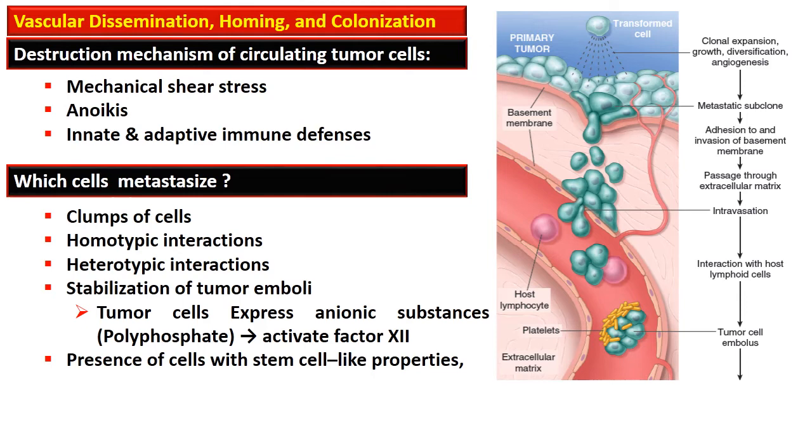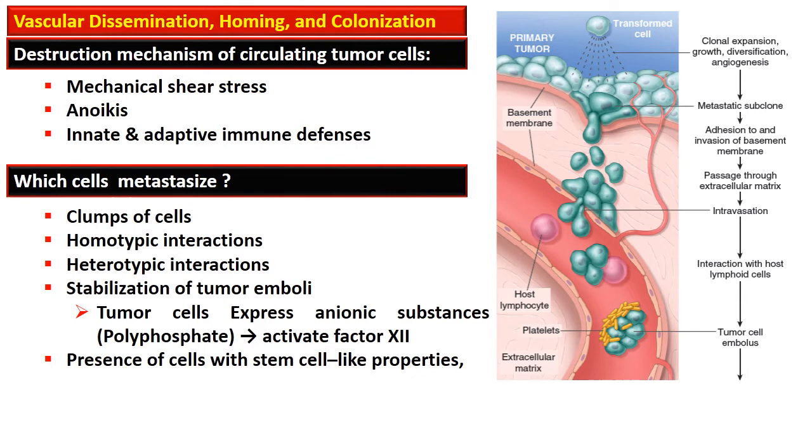The clumping is facilitated by homotypic interaction, that is among the tumor cells, or this clumping is also facilitated by heterotypic interaction, and this heterotypic interaction is between the tumor cell and the elements of the blood, especially the platelets. These interactions or clump formation increase their chances of survival within the circulation.